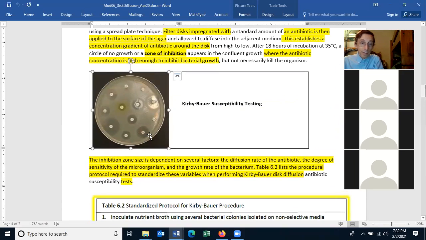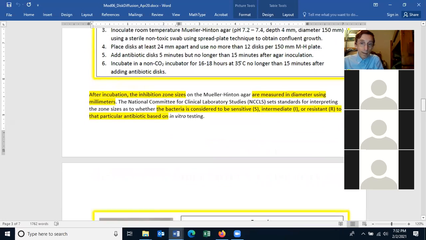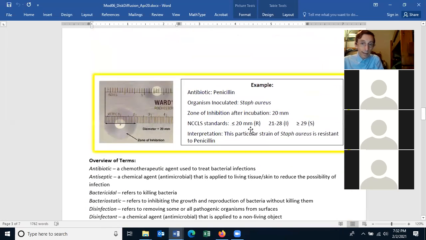An antibiotic that's much larger and doesn't diffuse very much will have a smaller zone of inhibition, and so its measurements will be less than this. It'll be resistant maybe if it's 10 millimeters or less, and sensitive maybe if it's 20 millimeters or greater in size. Any question about this?